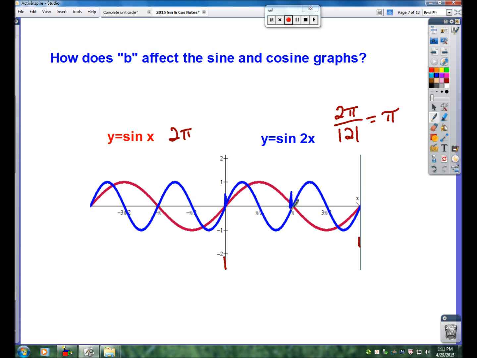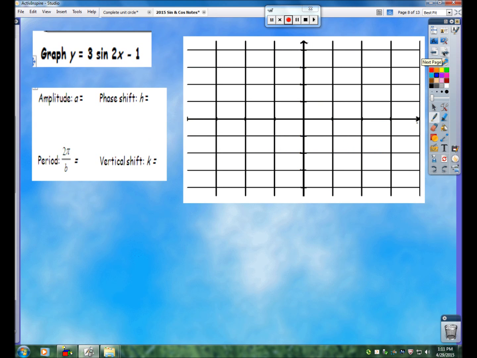Now to make graphing easier, we're going to change our units. We're still always going to graph those 5 key points, but we're going to change our units to match the period. Look at the following example: y is equal to 3 sine 2x minus 1. The amplitude A is the absolute value of 3, so our amplitude is 3. It has a max height of 3 units. There's no h. There's nothing in parentheses with that x, plus or minus, so our h is 0.